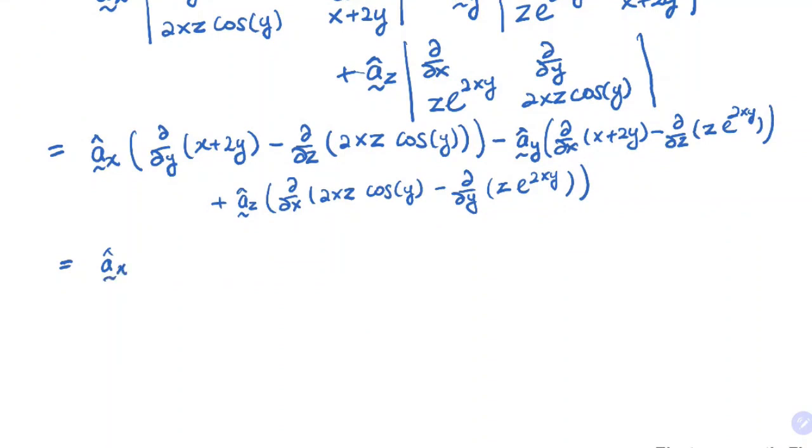So the first derivative with respect to y, that will be just 2 minus, with respect to z, that will be 2x cosine y.